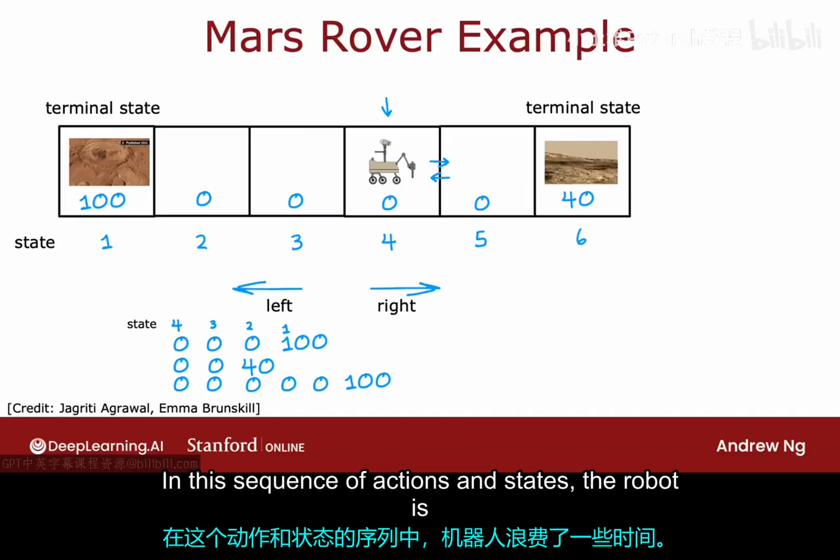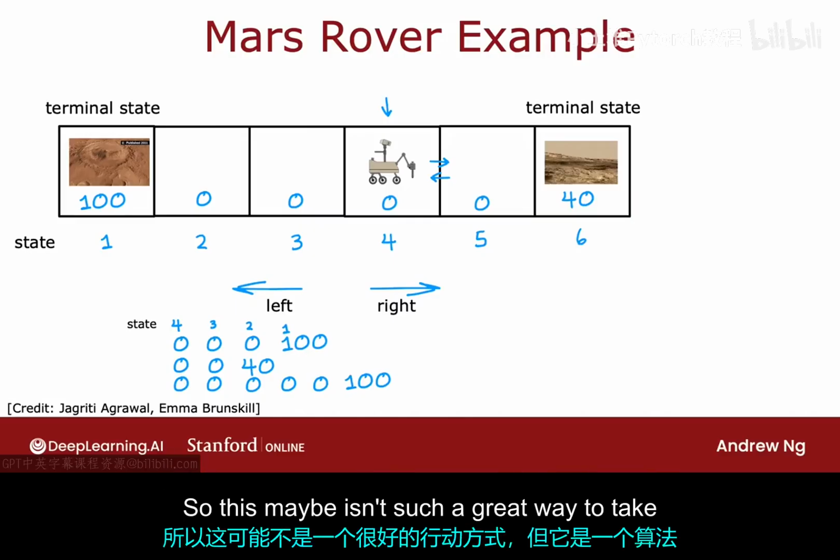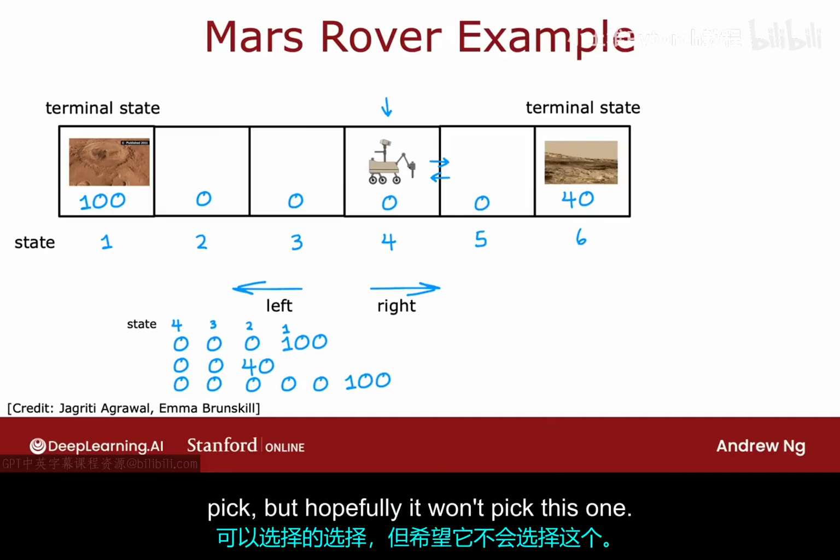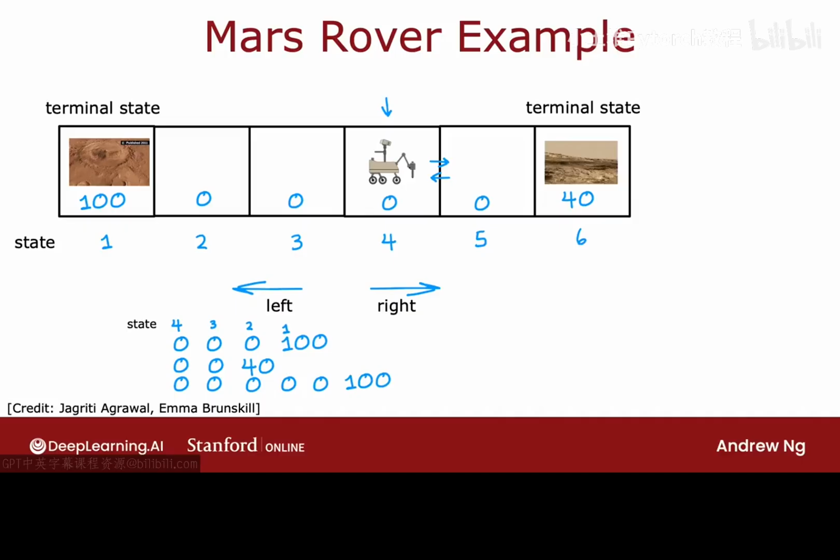In this sequence of actions and states, the robot is wasting a bit of time, so this maybe isn't such a great way to take actions, but it is one choice that the algorithm could pick. But hopefully it won't pick this one.